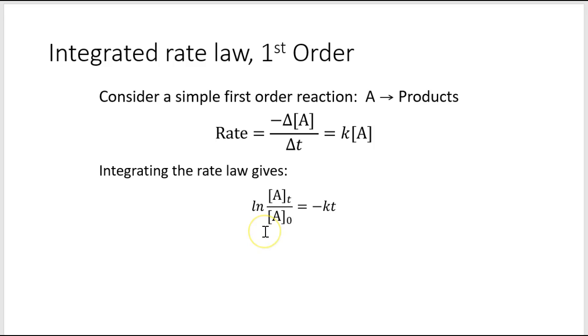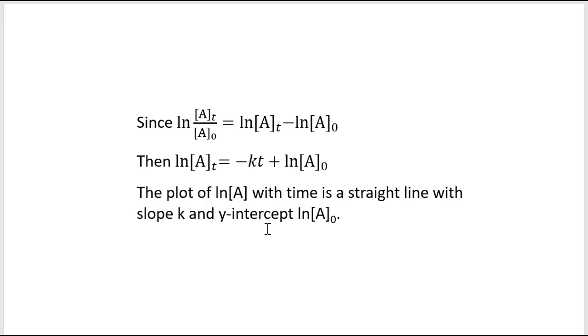Okay, so we can do some simple substitutions here and rearrange it, and we'll see where the relationship for the linear dependence of the natural log comes from. If you remember from your log rules, the log of the ratio of two values is equal to the difference of the logs of those two values.